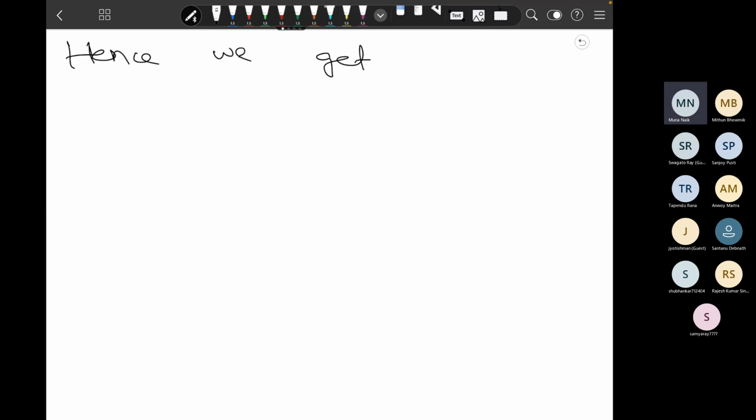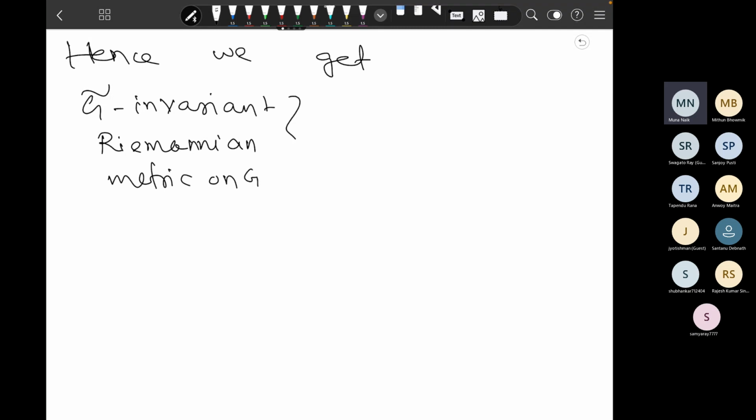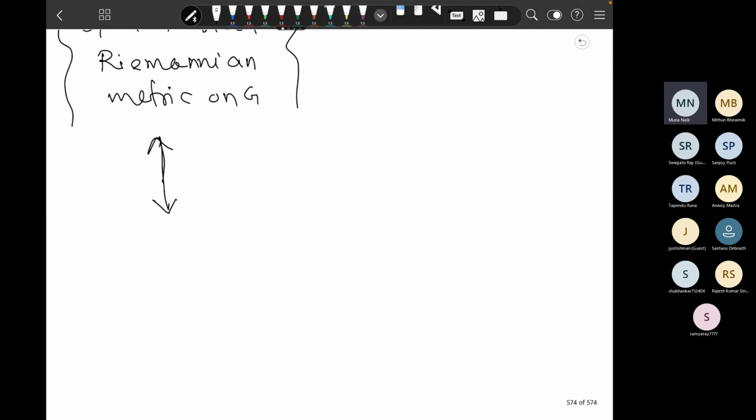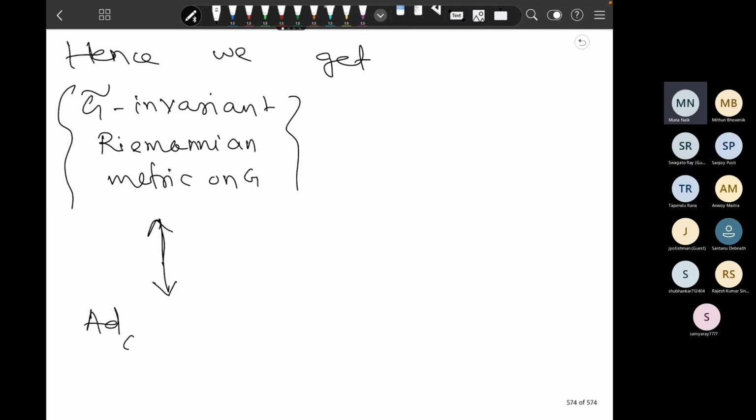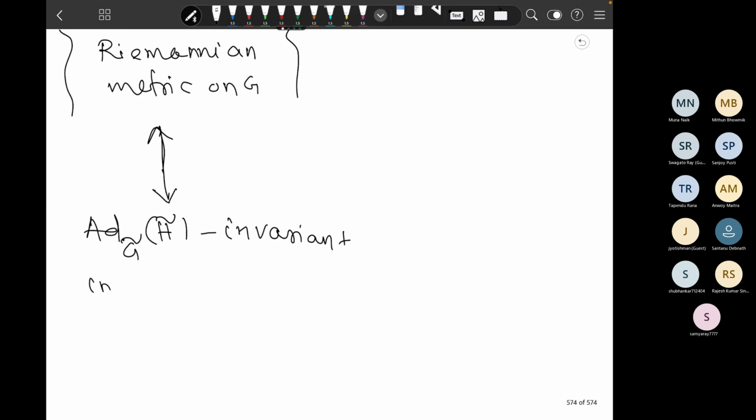Hence, we get, okay, so G tilde invariant Riemannian matrix on G. This was really in one-to-one correspondence with what? This was in one-to-one correspondence with RG tilde S tilde invariant inner product on what?